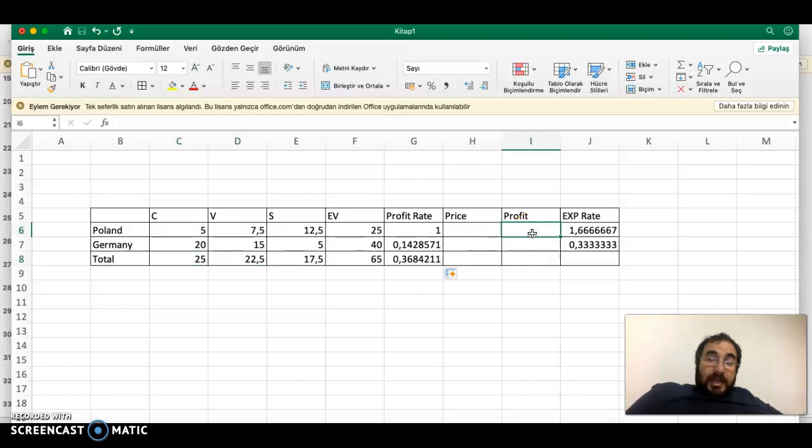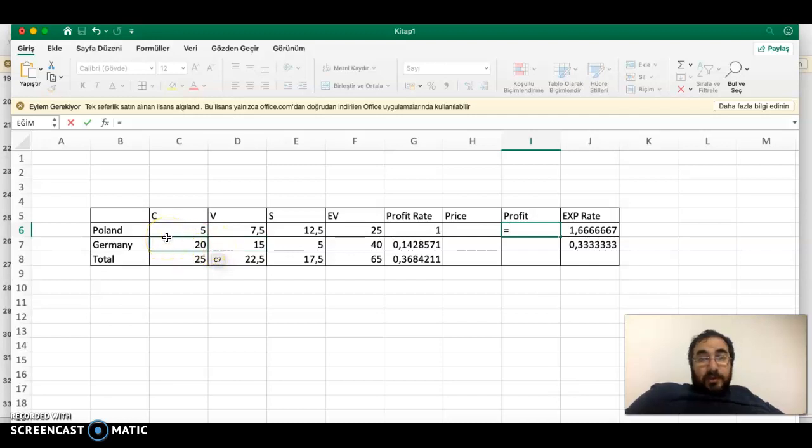So in the end, capitalists in both countries will get a profit rate equal to 36.84%. In order to calculate profit, we need to sum the total amount of capital.